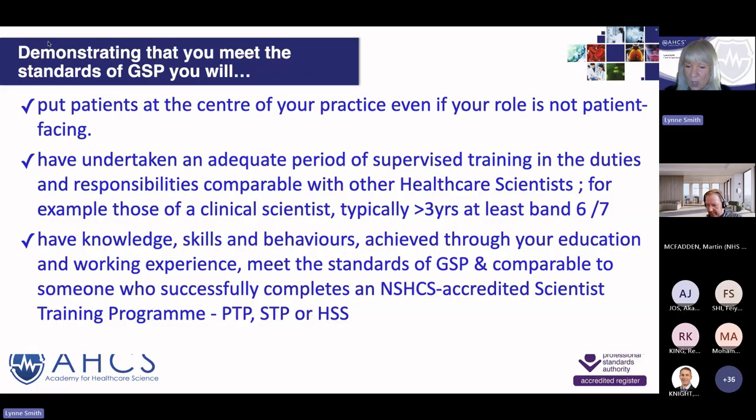And so they're always comparable to somebody that's coming off a National School Accredited Scientist Programme, be it PTP, STP or the higher specialist programme. So this comparability, this equivalence to a curriculum and other healthcare scientists is essential, so that you can demonstrate that you are equivalent to another person in that field.